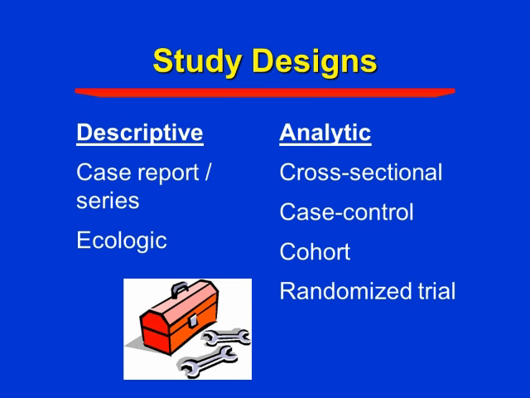Our analytic study designs consist of cross-sectional studies, case control studies, cohort studies, and randomized controlled trials. There is some debate about how to categorize cross-sectional studies. Some will list it as a descriptive study. I choose to term it an analytic study because I do believe that we're doing more than just simply describing what occurs in a population.